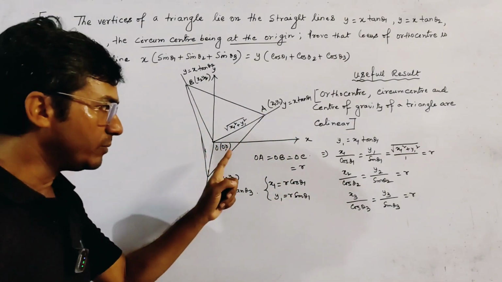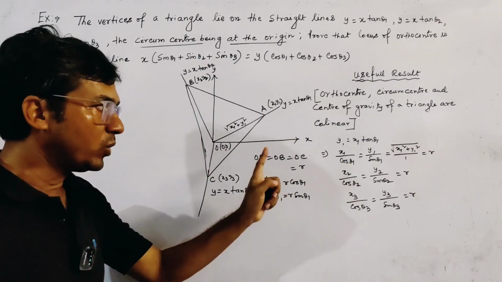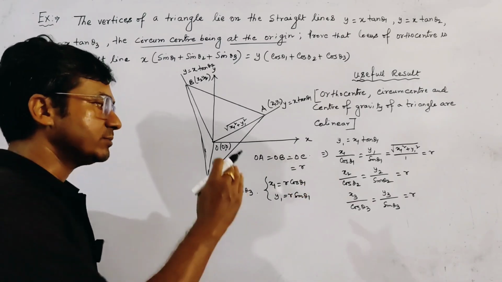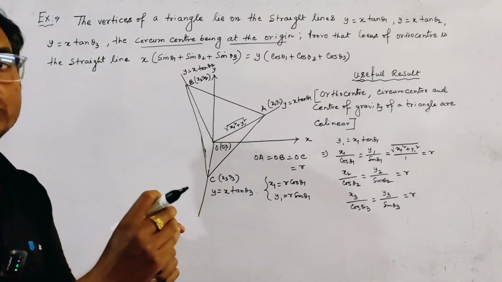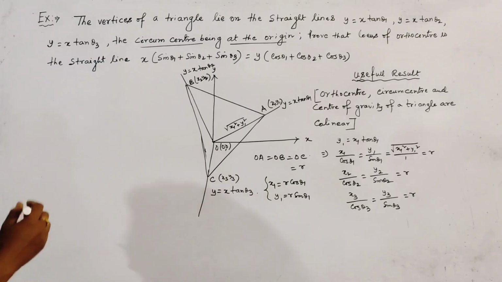So we get the values of x1, x2, x3, y1, y2, y3 in terms of R and theta 1, theta 2, theta 3.